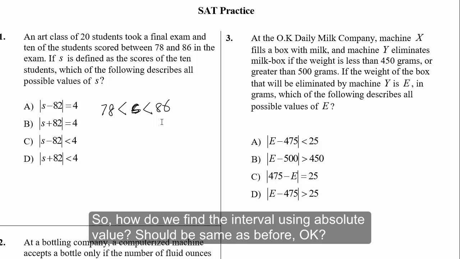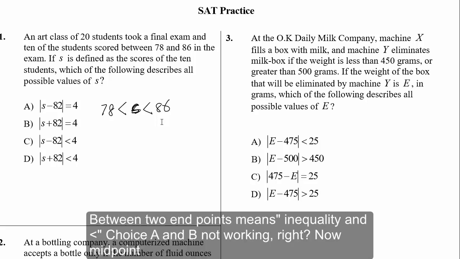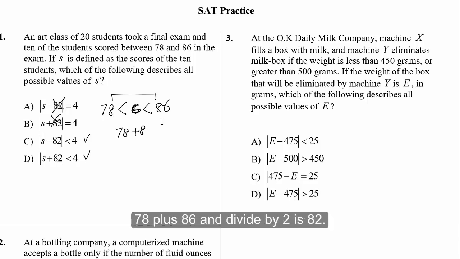Okay, how do you find the expression using absolute value? Should be the same as before. Oh, yes. Between two endpoints means the inequality is less than, right? Choices A and B are not working, right? So now the midpoint. 78 plus 86 divided by 2 equals 82.